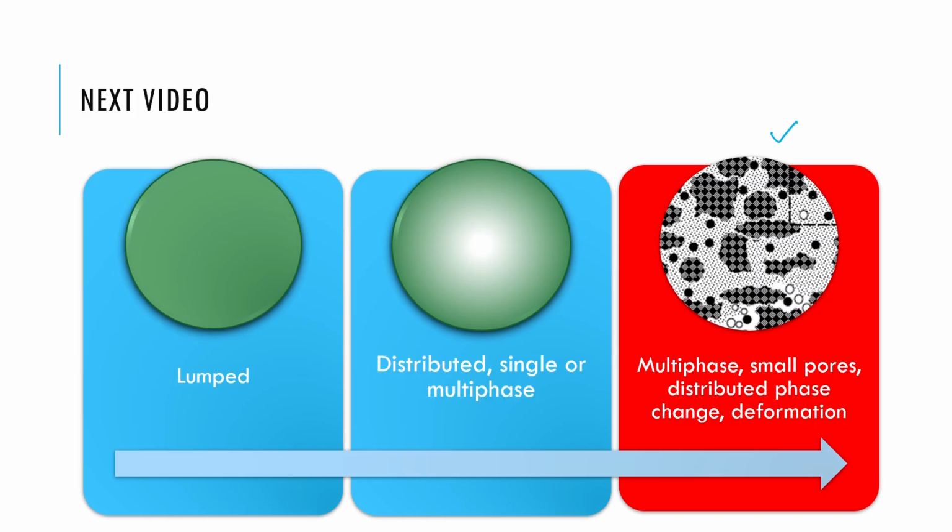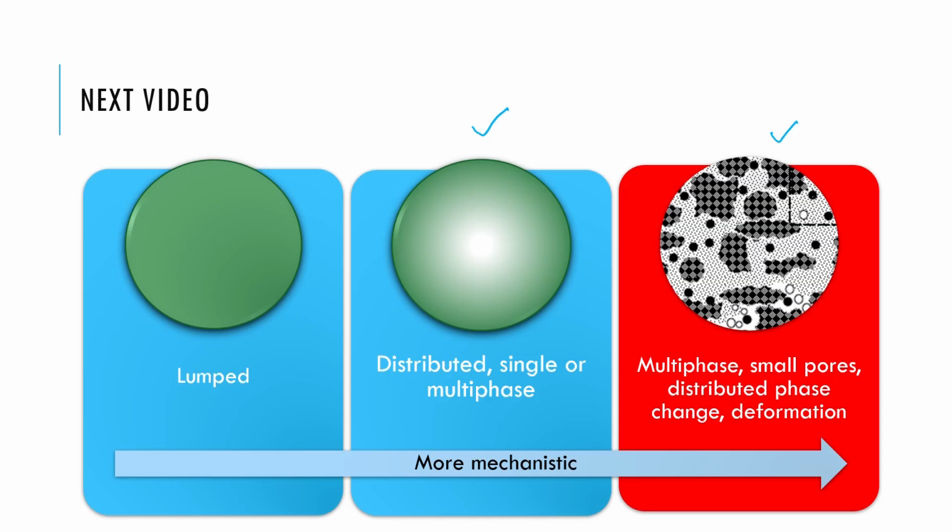In the next video, we will talk about another mechanistic approach, but a lot less detailed and with a lot less complications. It's still mechanistic and it is the most common approach to studying drying.